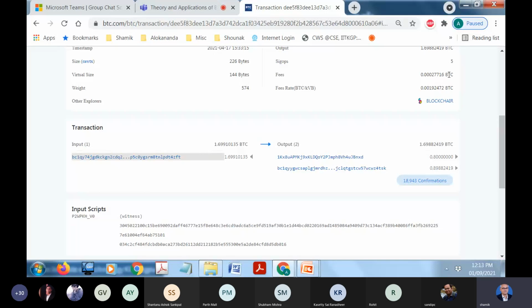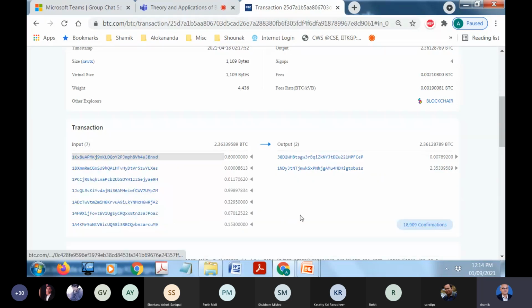So if you add these all up, this amount here and this amount here, that will be a total of 1.6991018.5. And likewise, if you click on this one, you will see how this 0.8 Bitcoin was spent.